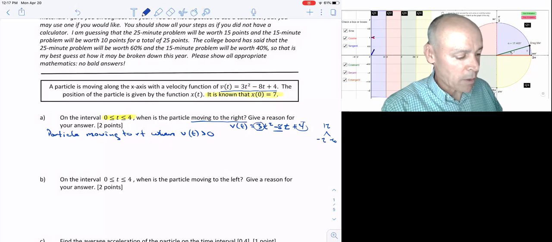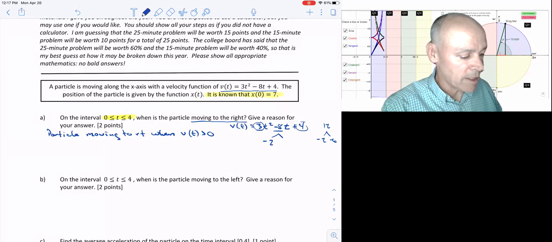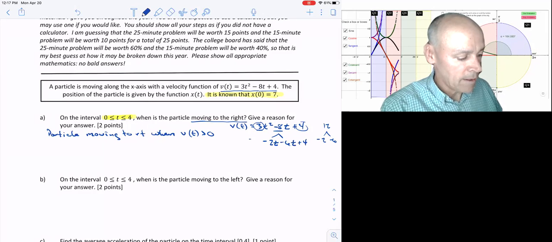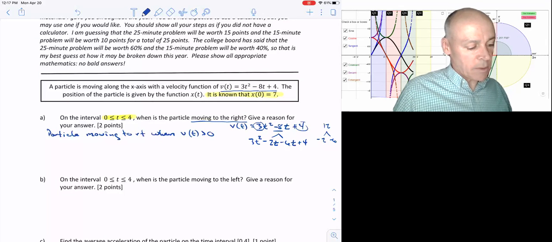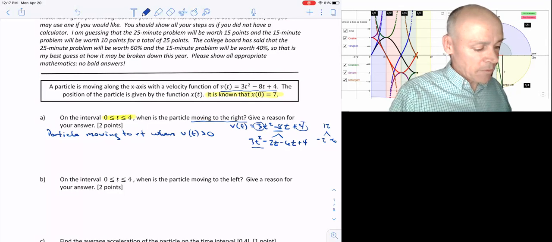What we're going to do is split this middle term into -2t and -6t, and just bring the constant down and the squared term down. So we have 3t² - 2t - 6t + 4. And now we're just going to factor by grouping.